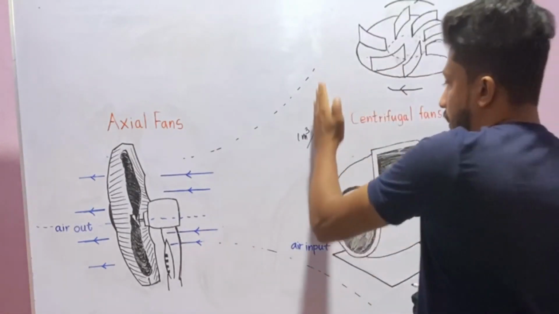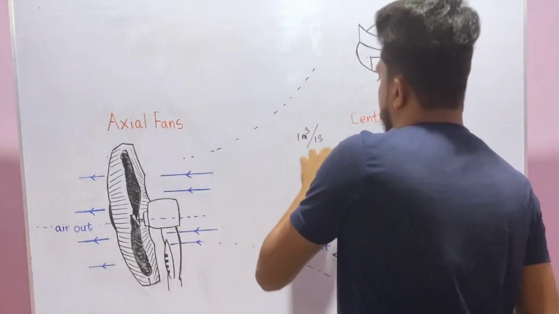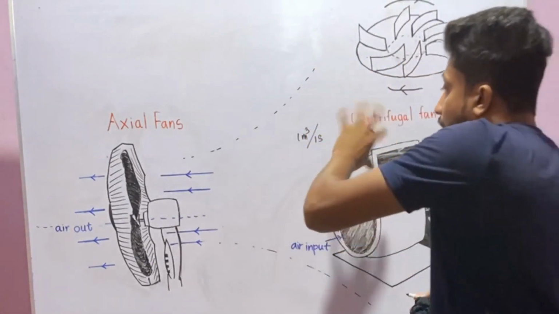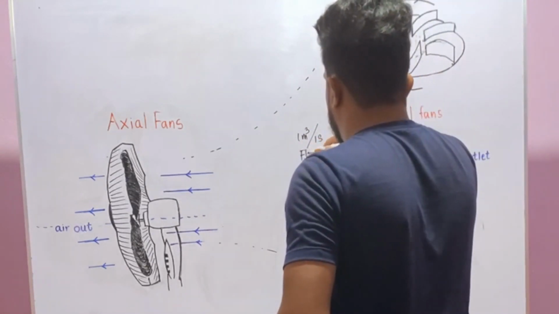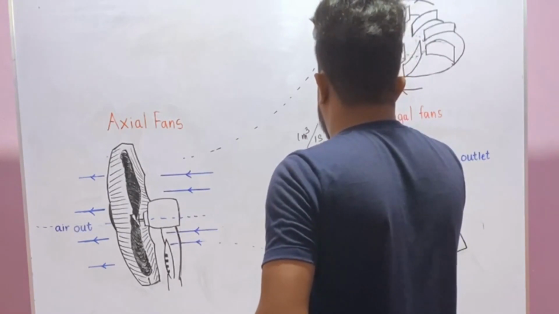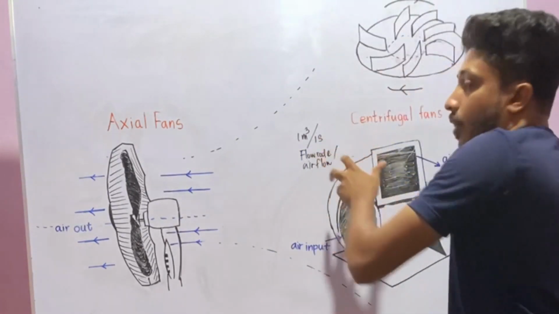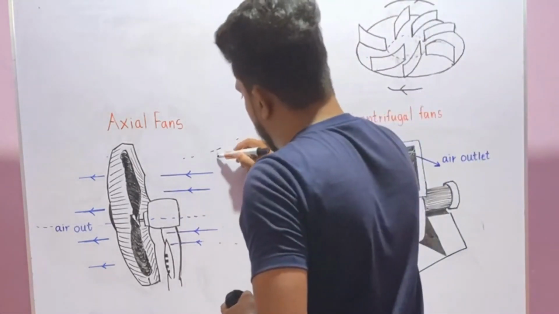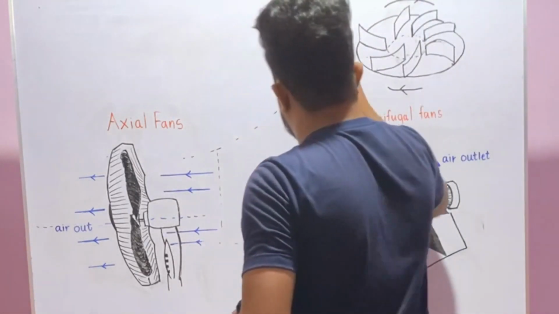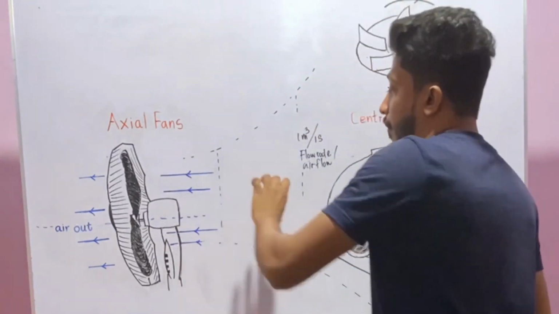In this area the air flow is 1 meter cube per 1 second. That flow rate, we call air flow, should be equal here also. Flow rate here equals flow rate here.